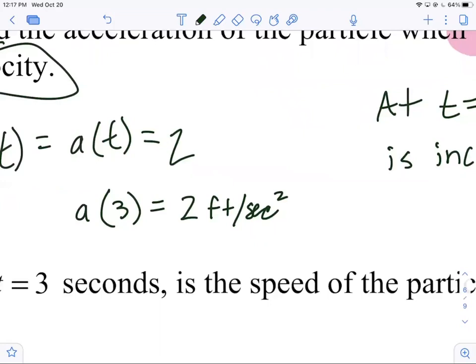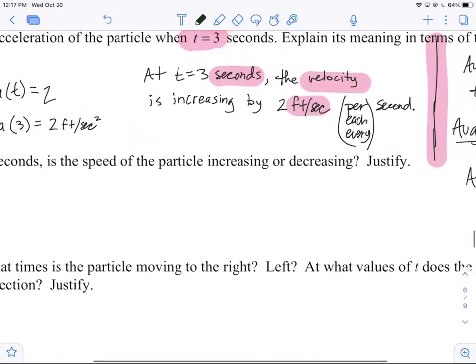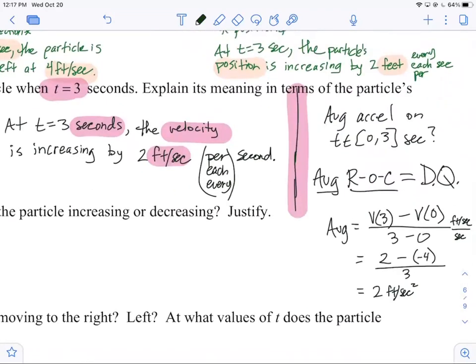Your average is going to be the same as your instantaneous, right? All along the way. So yeah, but we verified that, right? It's not always going to be that way. But that's the difference between average rate of change and instantaneous rate of change. Instantaneous is always VOTC, calculus, and average is difference quotient, okay? All right, questions on that?